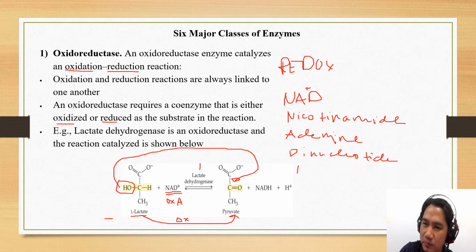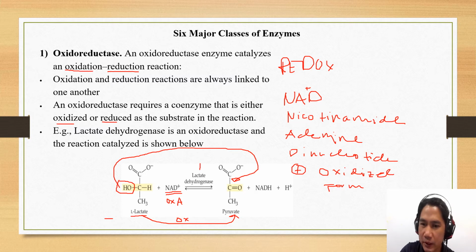What does the plus mean? The positive charge indicates that the NAD is in the oxidized form. So I repeat, the function of NAD is to oxidize the lactate. The lactate is oxidized to pyruvate. That's why it's called oxidation.